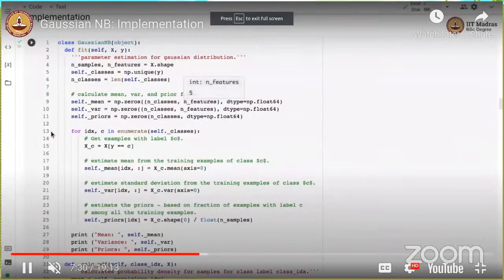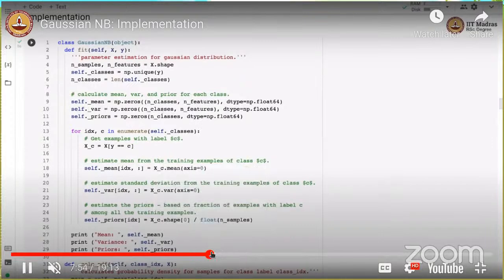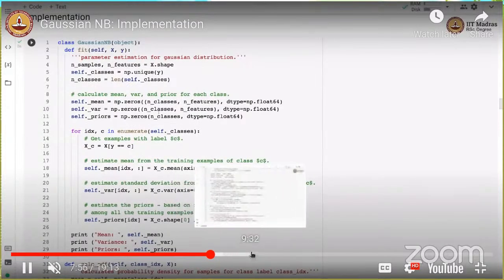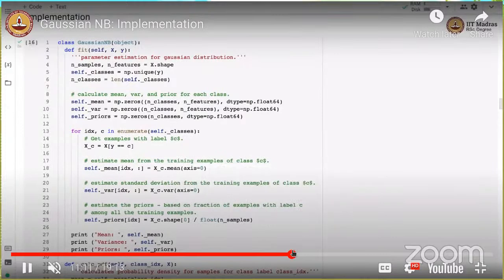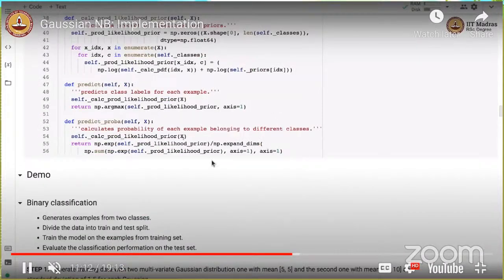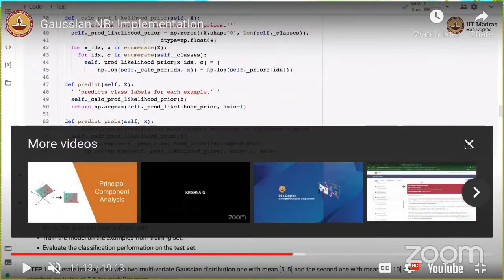Okay, so 11th minute, I think. 11th minute, okay. Yeah, around 11. Okay, what is this?